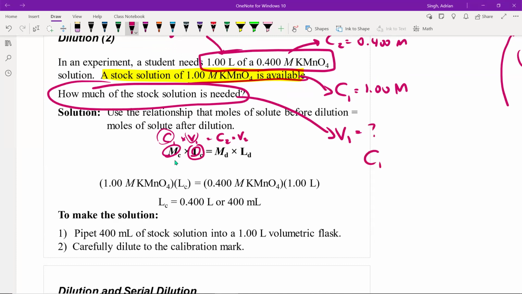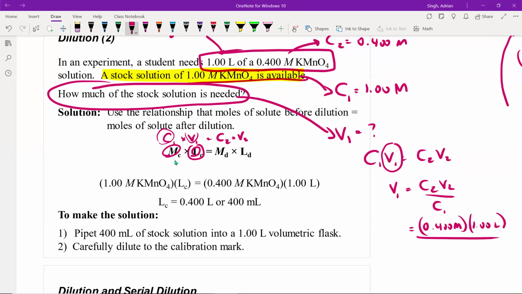So we can take our C1 V1 equation, our dilution equation, and we can solve it for V1. If I rearrange, V1 is equal to C2 V2 over C1. I just then need to plug in my values. My C2, my final concentration, is 0.400 molar. Final volume is 1.00 liters.